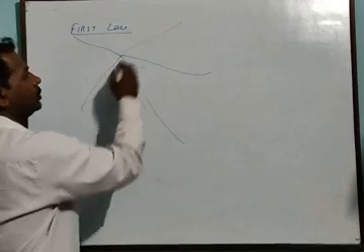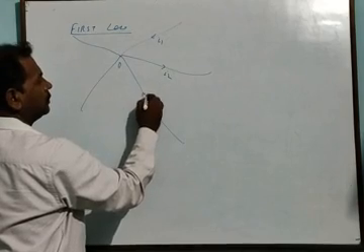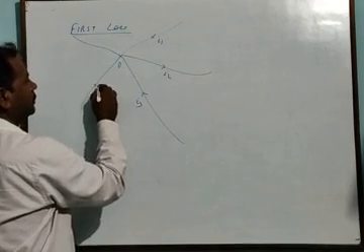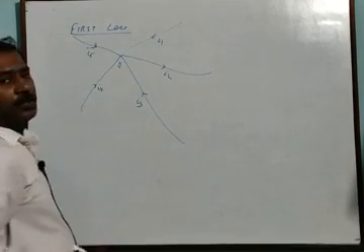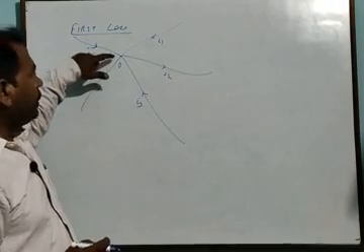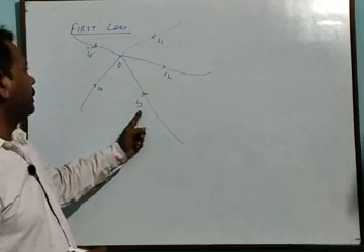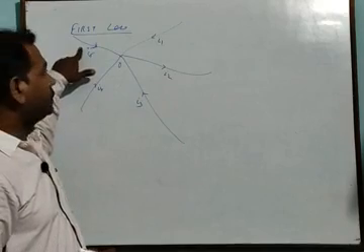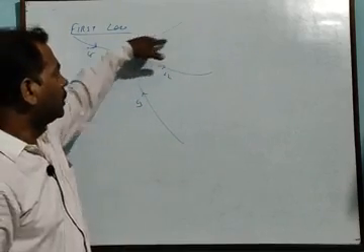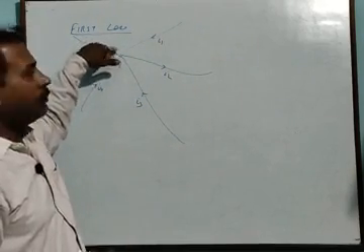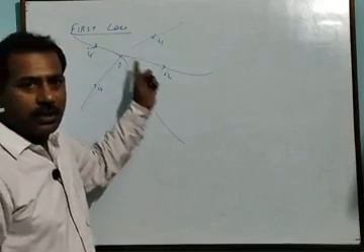This is the point O. You are observing here that to reach the point O, there are paths 1, 3 and 5. These are carrying current, but these are entering current. These are coming towards O. While there are two paths, this one and this one, through which currents are leaving the junction.